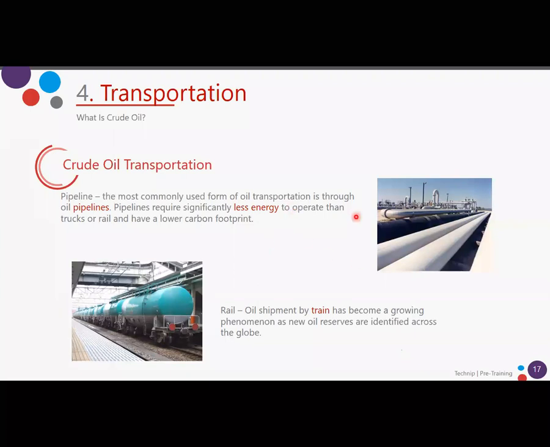You use a pump and then you pump from one place to another through these big pipelines, with less energy consumption than other methods. The carbon footprint is the total greenhouse gas emission caused by an individual event. So it is said that this is the lowest carbon footprint process involved in transporting crude oil.